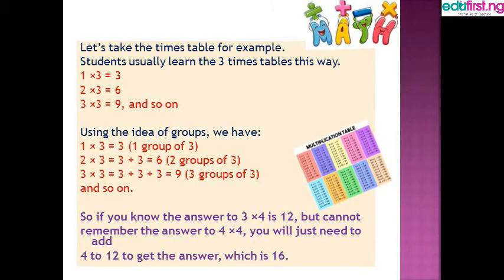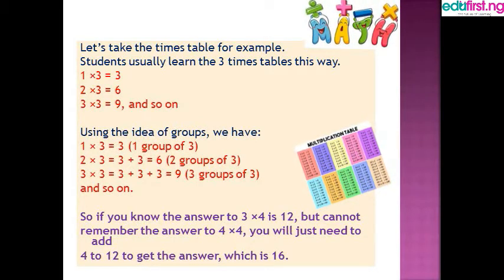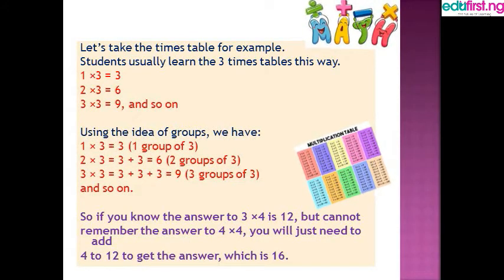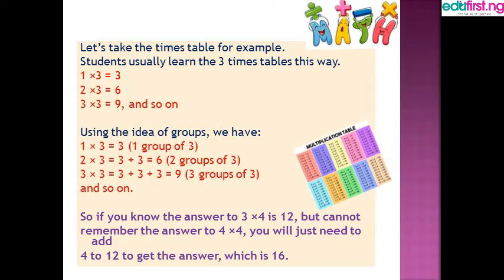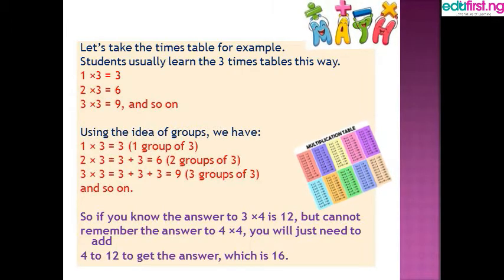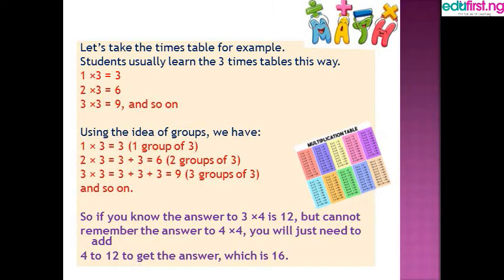So, if you know the answer to 3 times 4, that it is equal to 12, but cannot remember the answer to 4 times 4, you will just need to add 4 to 12 to get the answer, which is 16. Now, when you understand the concept of multiplication, during exams, you will still be able to find out the answers even without the times table.